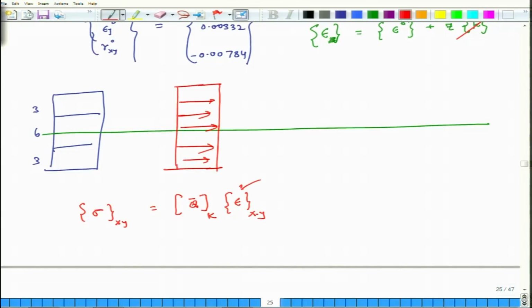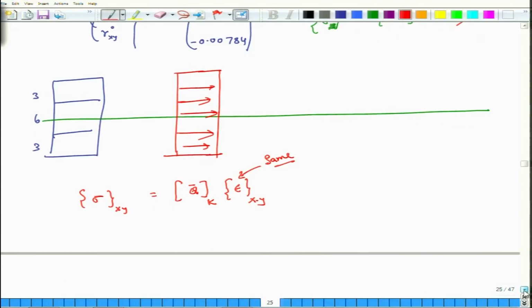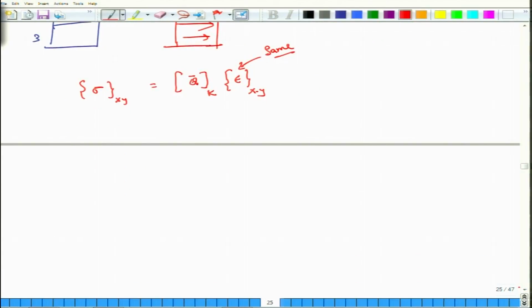This strain is the same for all the layers in this problem. First we compute for the 0 degree layer.